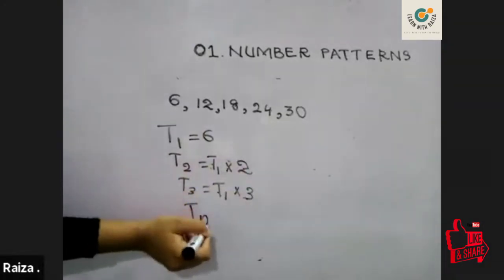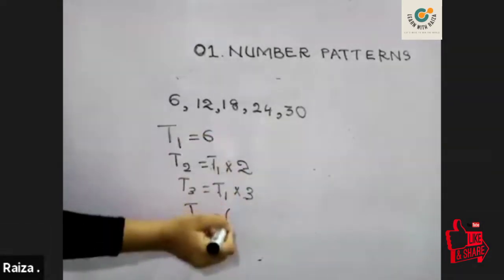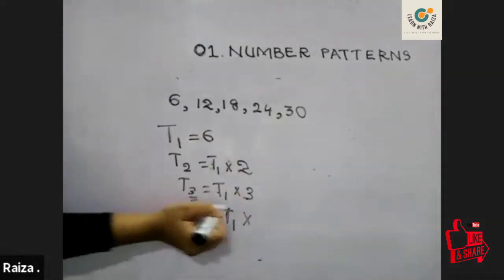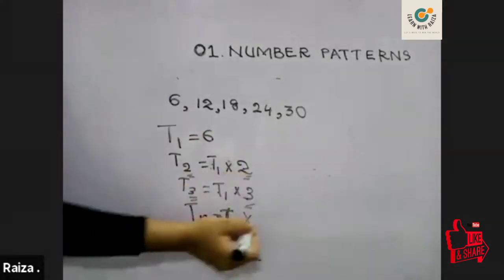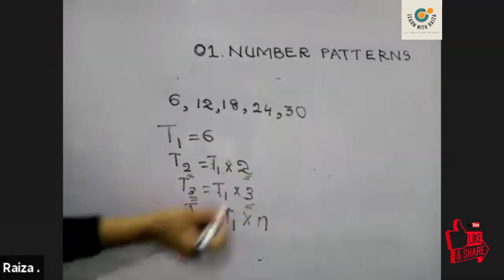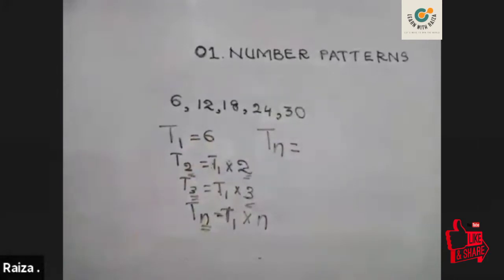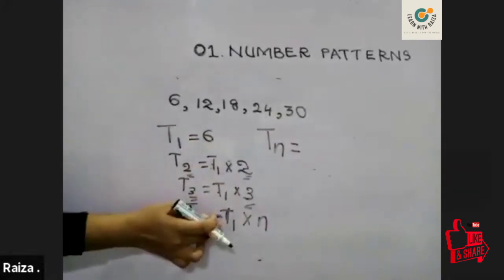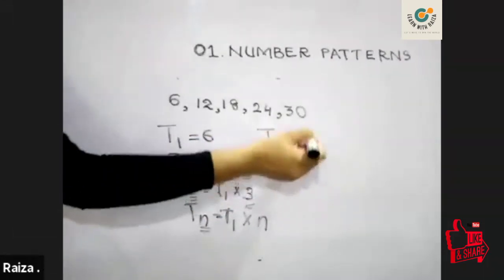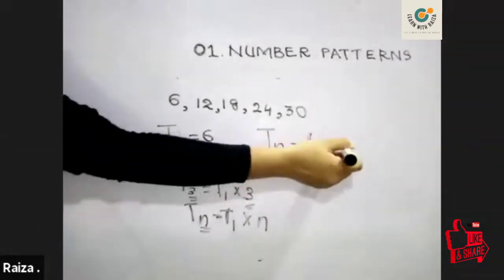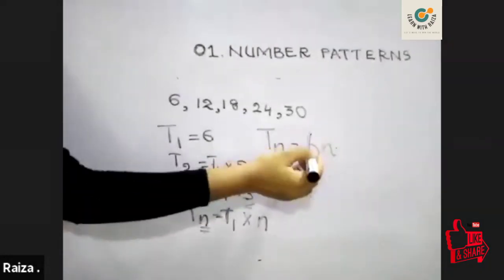What is the general term now? 6, the first term, multiplied by the general term. Third term 3, second term 2, general term n. That means the general term Tn equals the first term, that is 6, right? But here we don't put just 6, we write 6n.